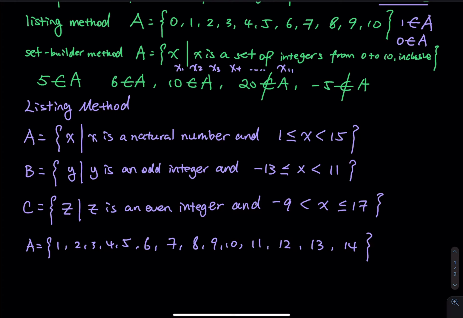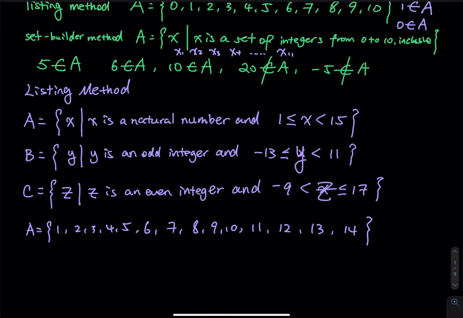Then set B is y such that y is an odd number and is between negative, look at the inequality. There is a typo, right? That should not be an x, this should be a y, and the next one should be a z. So y is between -13 and 11, but they must be odd and do not include 11.